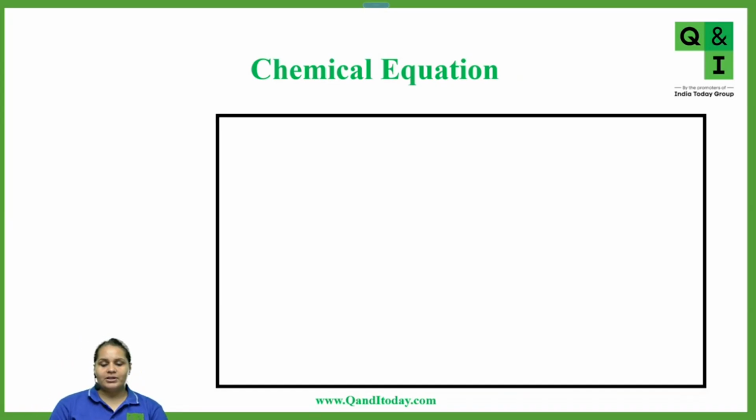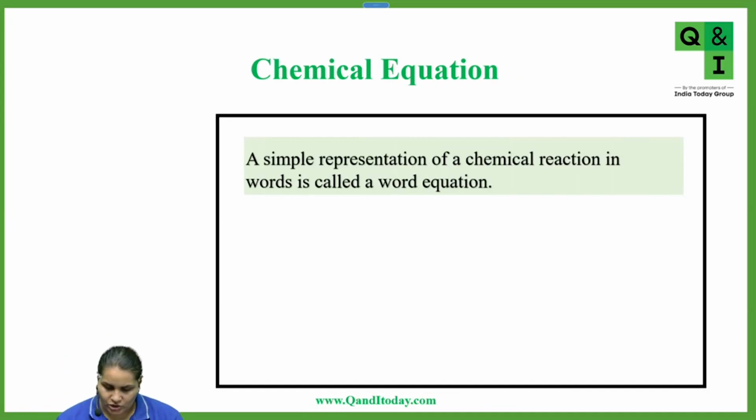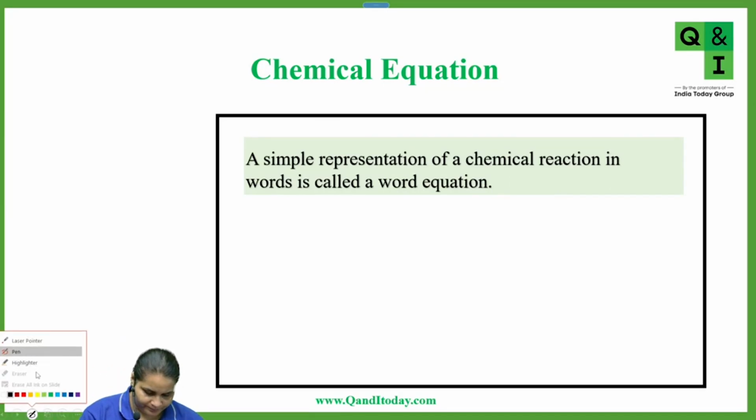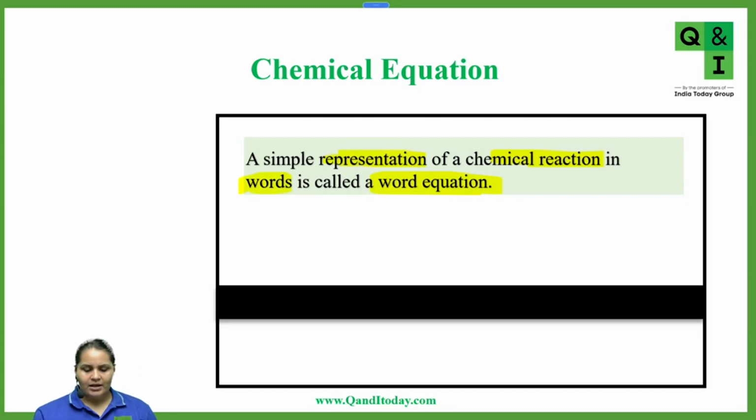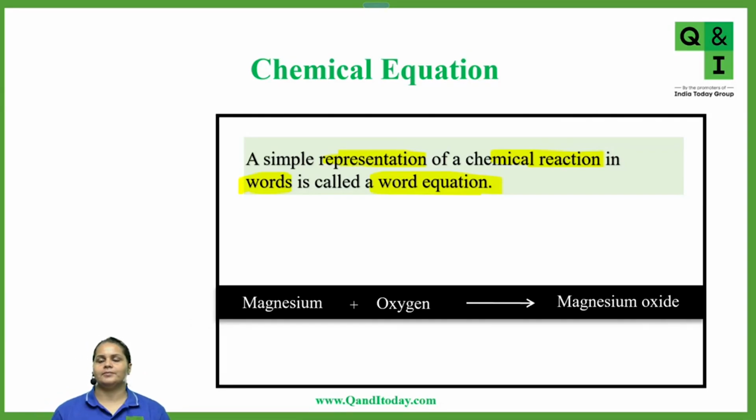Okay, so now coming to the chemical equation. So first of all, there is a word equation. Now, what is word equation? When we simply represent a chemical reaction in words, like we say magnesium plus oxygen gives magnesium oxide.